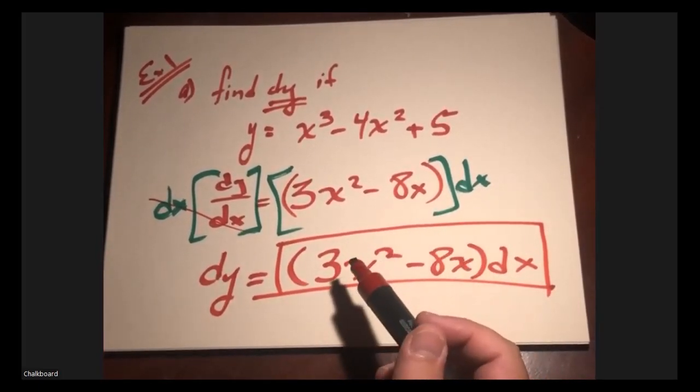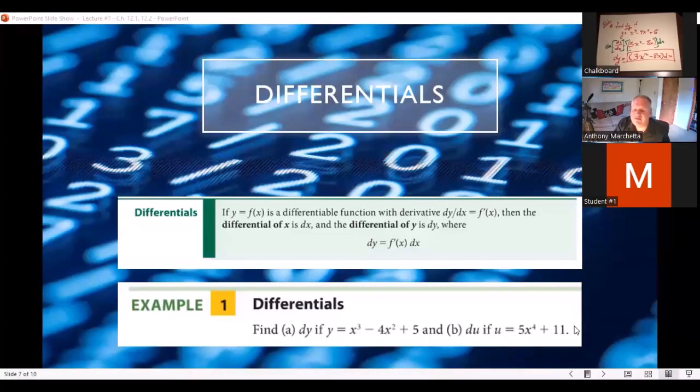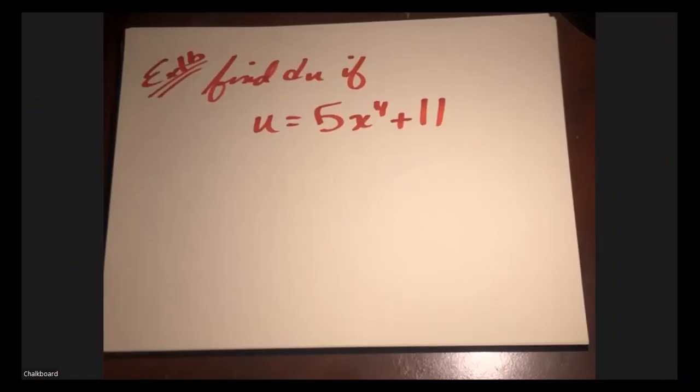Let's do one more example from our PowerPoint, where they ask you to find du if u equals 5x to the 4th plus 11. So let's see if we can find du.